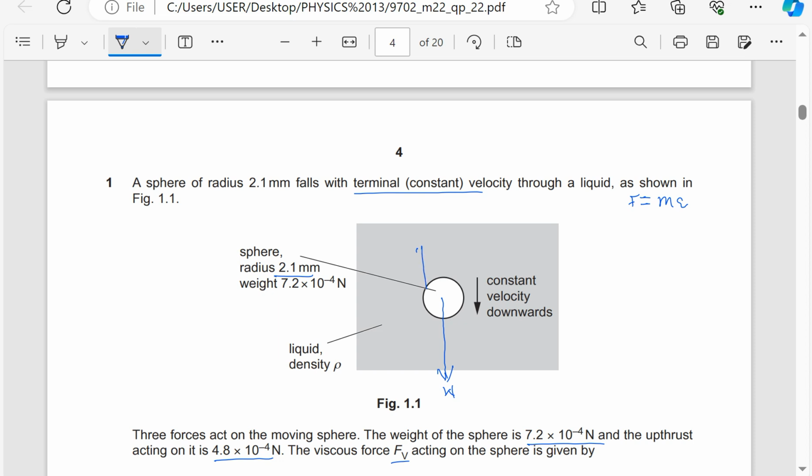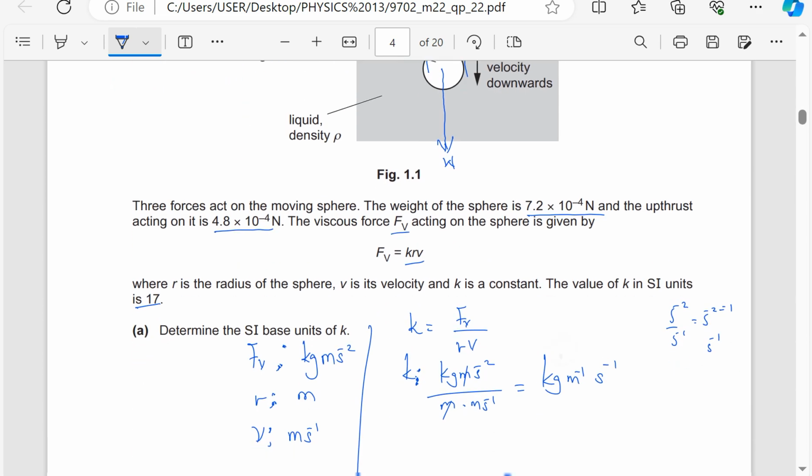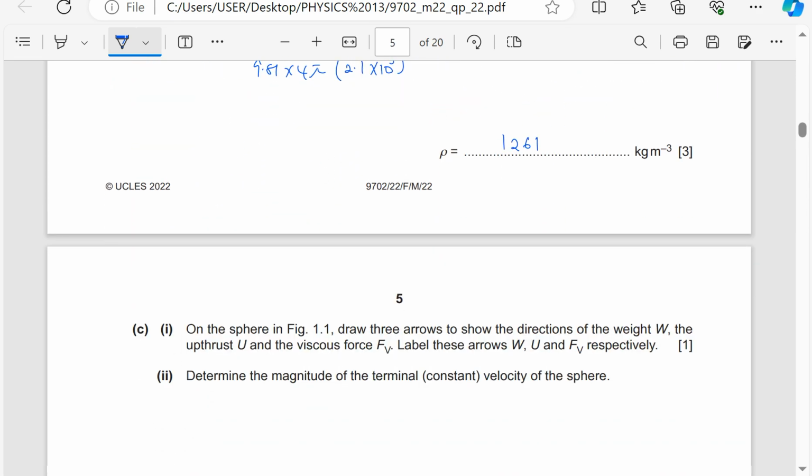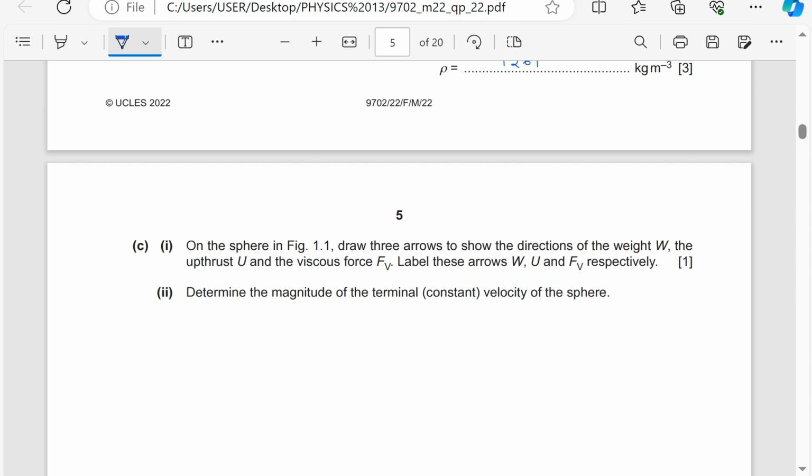So I'll draw an arrow going upwards. That is upthrust. Because motion is downwards, the viscous drag is upwards. The viscous drag is like friction, which acts in the opposite direction to motion. So I will say the viscous drag Fv is upwards. Those arrows are not drawn to scale.